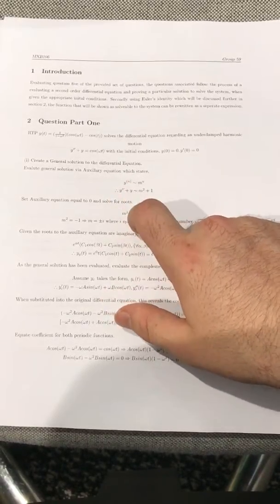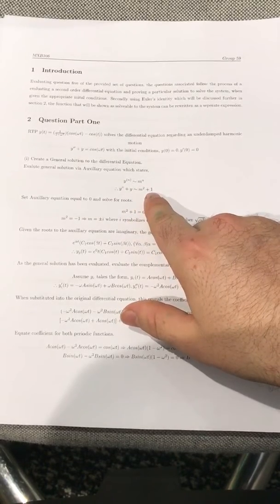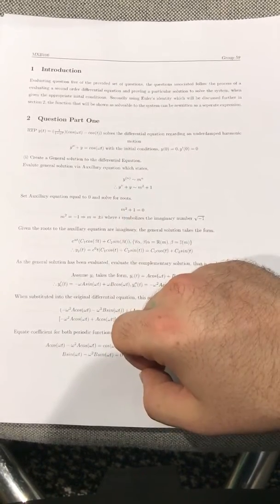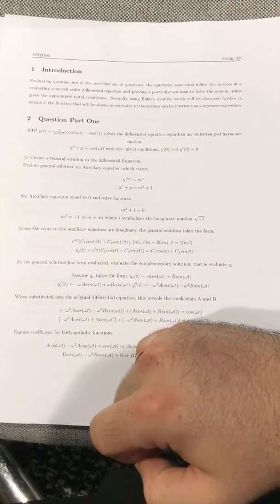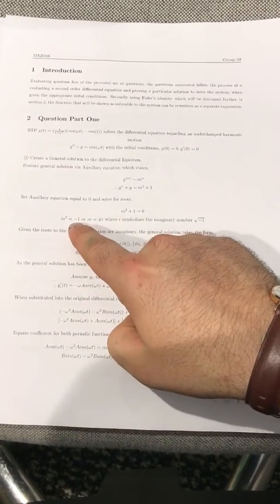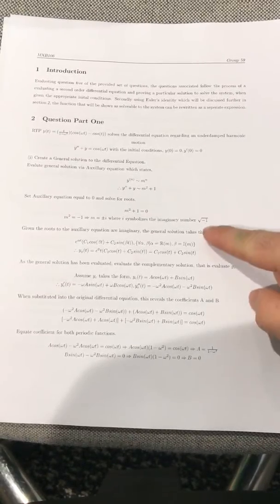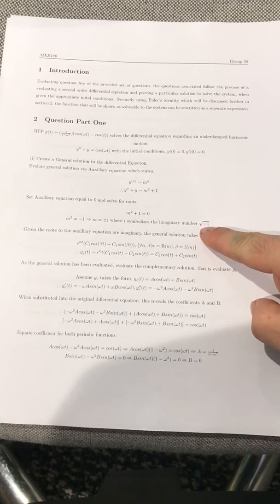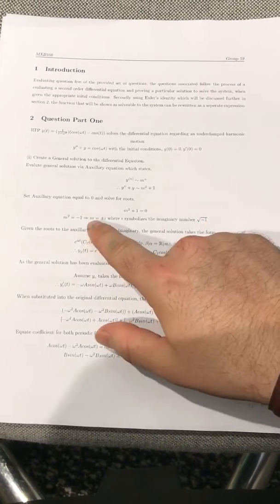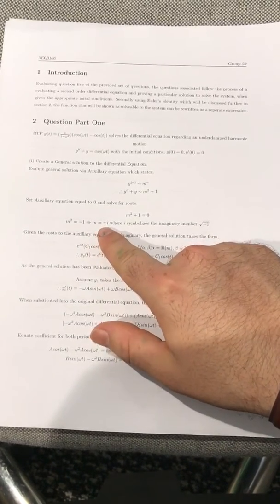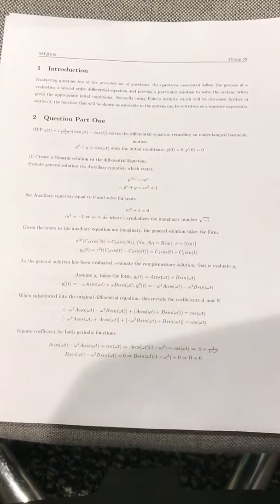Given we have 0 primes, that'll be plus 1. Now when we set this to 0, we see that m squared equals minus 1, and the only number that, when squared, equals minus 1 is the imaginary number, the square root of minus 1. So we see that m1 and m2 are plus and minus i respectively.